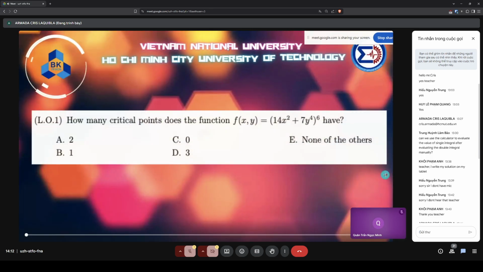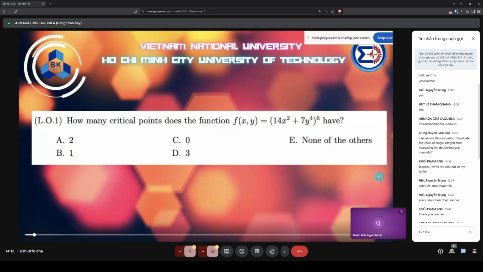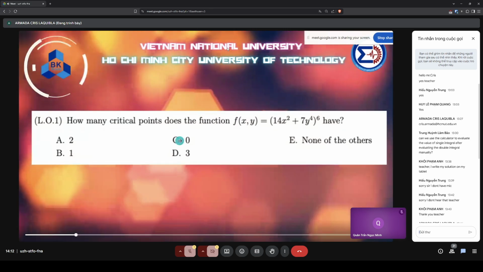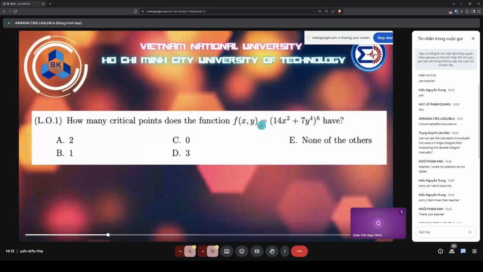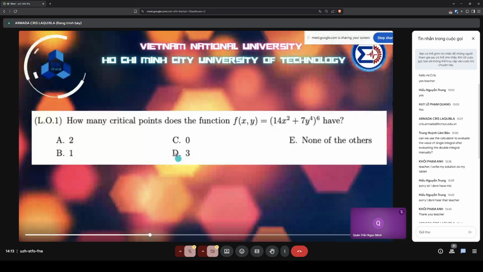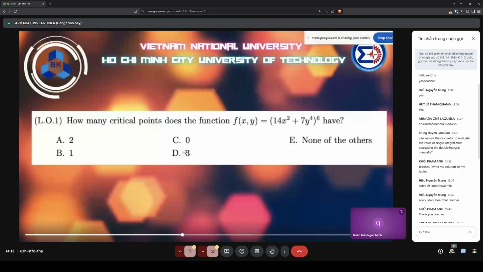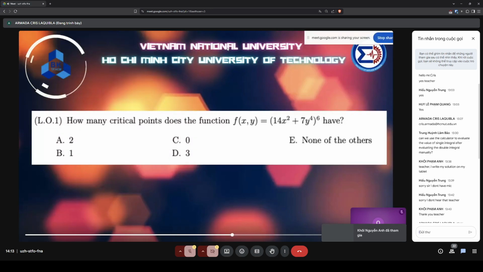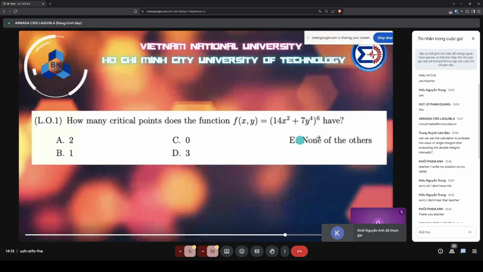Okay, next. Critical points. How many critical points? This one, class, is asking you to solve how many. So if you have the 3 points like 0, 0, 1, 1, and -1, -1 as our example previously, you answer three. So how about this equation?